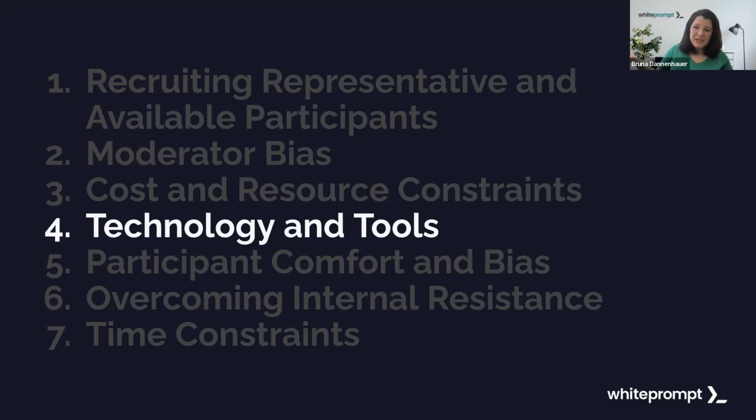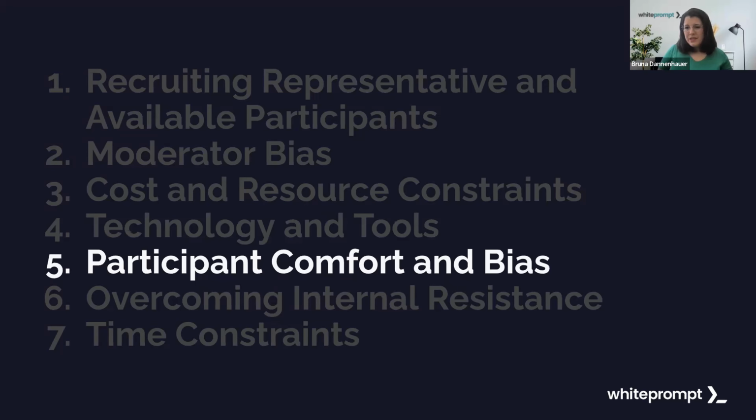Or if you're testing with a very elderly group and they are not used to recording themselves, or sharing their screens, that might be a hard thing as well. Sometimes the participants are too comfortable in a way that they already know the researcher, they already know the owner of the company, or they don't want to tell you something bad to not hurt your feelings, right? It can happen as well. This can bias your test.